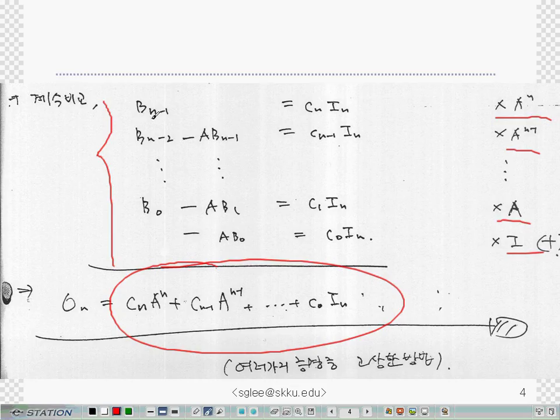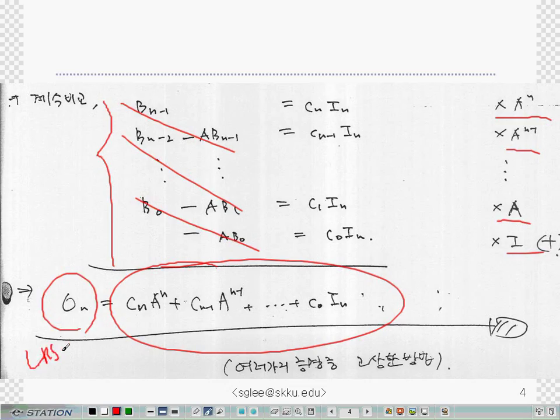Then we saw all these are cancelled and the left-hand side should be equal to 0. This was the right-hand side and this was the p_A of A. So now we know this is equal to a zero matrix, which means this matrix A satisfies its characteristic polynomial. Now it proved the Cayley-Hamilton theorem.